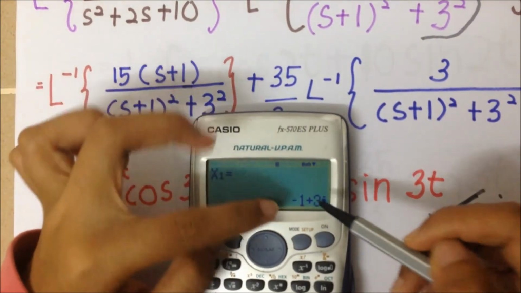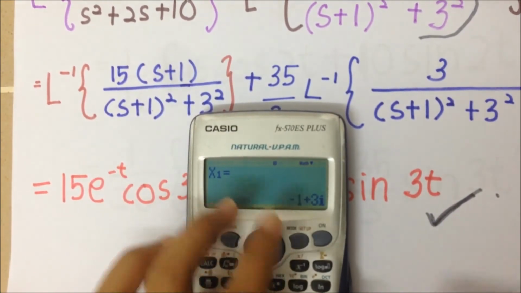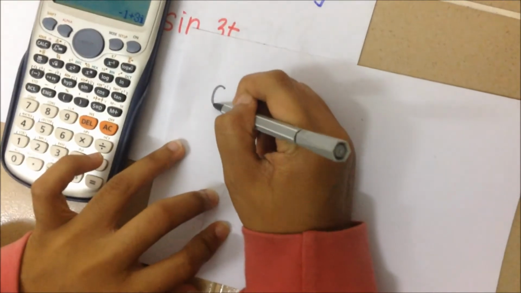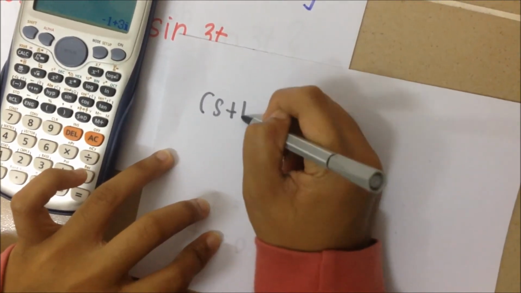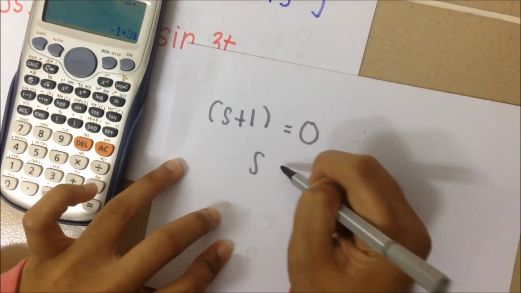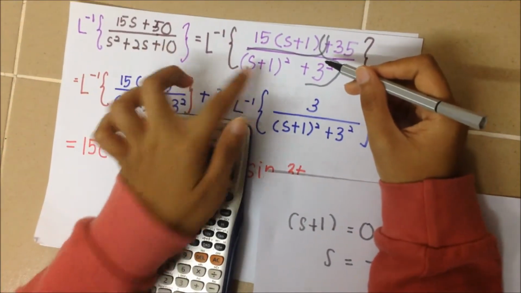Okay. Bila kita dapat negatif 1 tambah 3I, kita masukkan negatif 1 ni dalam bracket. So kita masukkan negatif 1 tu dalam bracket. S tambah 1 equal to 0. Kita equalkan to 0, still dapat S equal to negatif 1. Dan 3 ni kita squarekan untuk kita dapatkan yang sama ni.